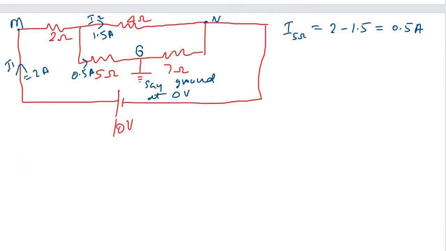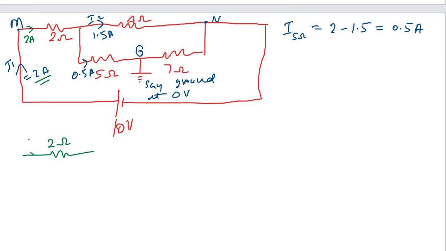So, see the current 2 amps which flows here, and when we multiply that 2 amps with 2 ohm, we'll get the potential across 2 ohm. So we'll simply draw the 2 ohm resistor.